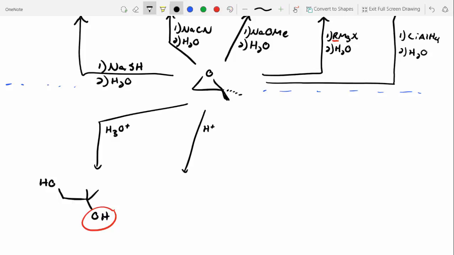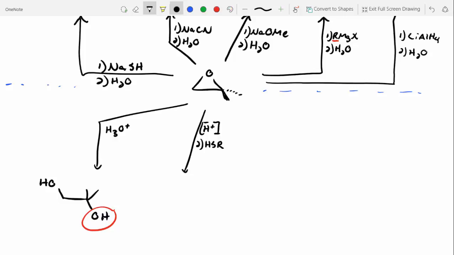Let's say we do acid that's catalytic, and then we add in a thiol. What do you think our product will be? Does anybody remember the name of sulfur that's bonded in between two carbons?